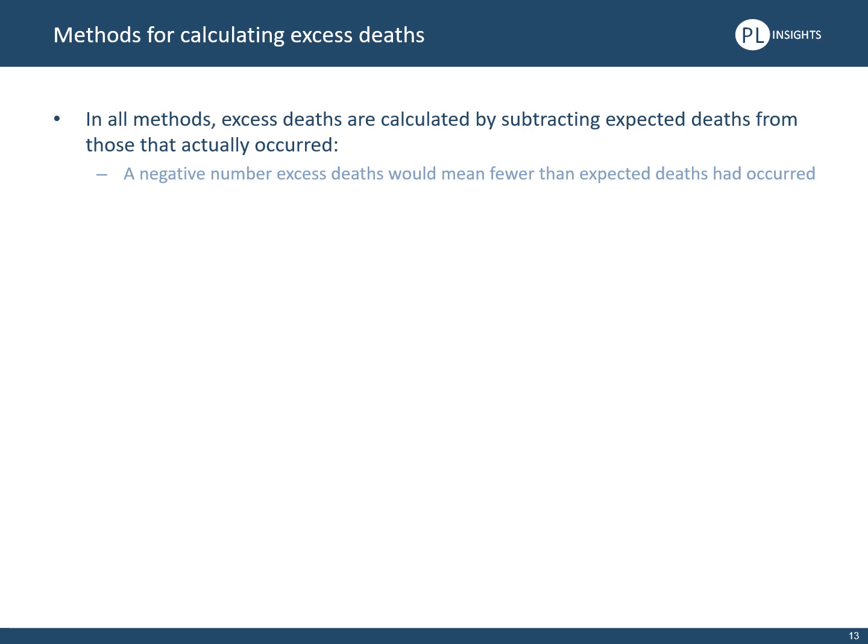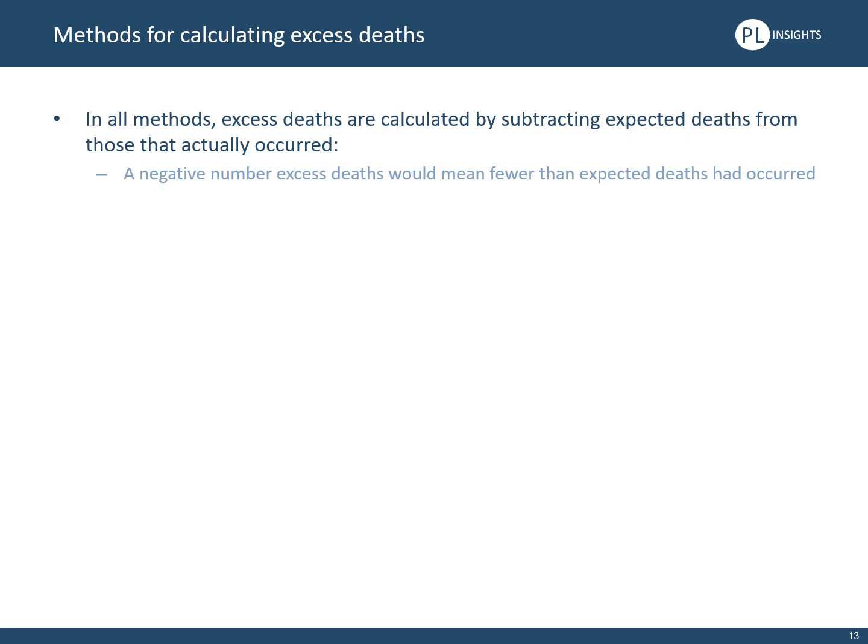They can be calculated by subtracting the number of deaths that we would have expected to occur from the number of deaths that actually occurred. With the resulting number, if it's negative, that means that we've had fewer than expected deaths. If it's a positive number, then it means that we've got more deaths, i.e. we have excess deaths.